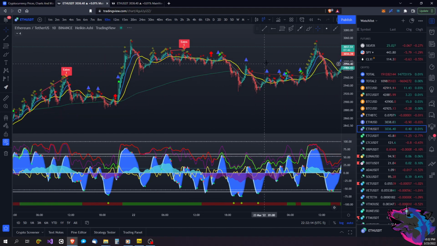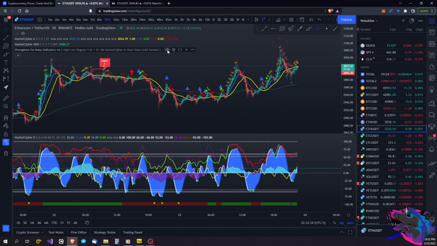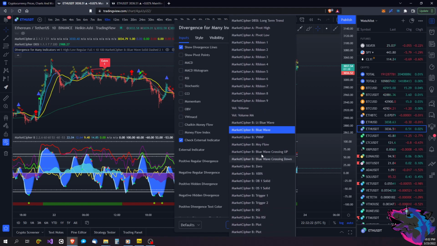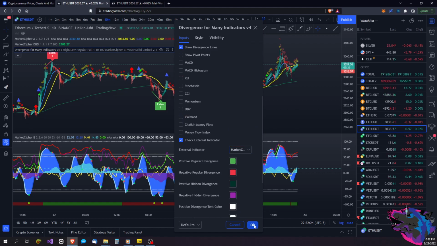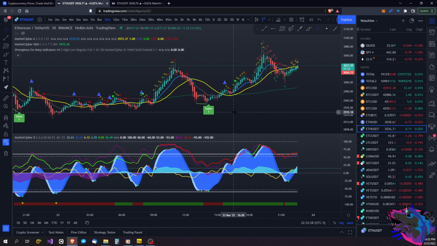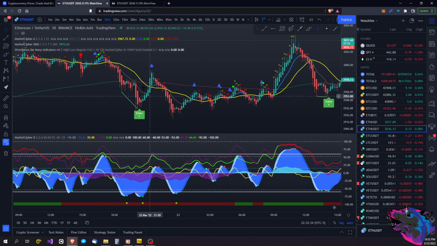This is the first time I've only had Market Cipher turned on for it, but let's try the VWAP. Let's see what it shows us for VWAP divergence here. Yeah, okay. Let's see, a little bit better on that one now.